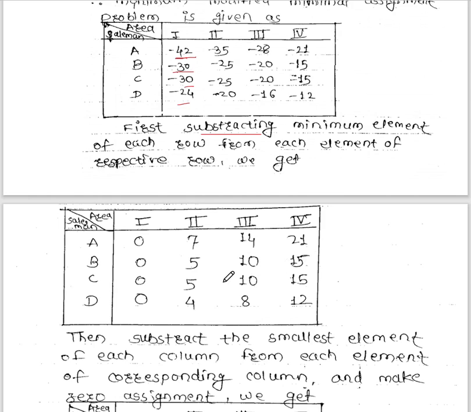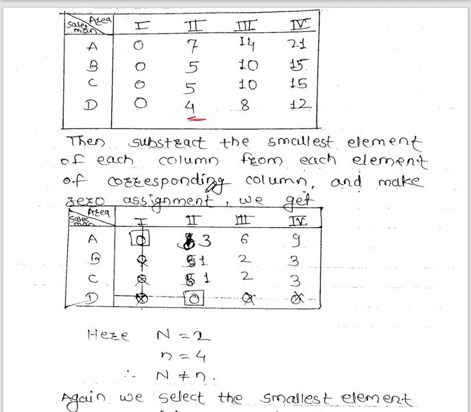But now we again want at least one 0 in each column. In the first column there is a 0, so we can skip. In the second column there is no 0, so we will select the smallest element, that is 4, and subtract it from column number 2. Then we get 7 minus 4, that is 3, 5 minus 4, that is 1, 5 minus 4, that is 1, and 4 minus 4, that is 0.